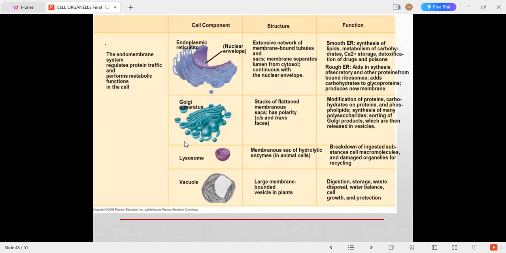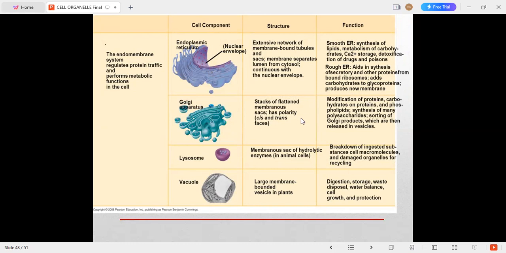The other organelle is the Golgi apparatus, which is responsible for the further processing and sorting of the proteins synthesized by the endoplasmic reticulum, which are transported from the rough endoplasmic reticulum. The Golgi apparatus consists of stacks of flat, numerous sacs having polarity, and they contain cis and trans faces.